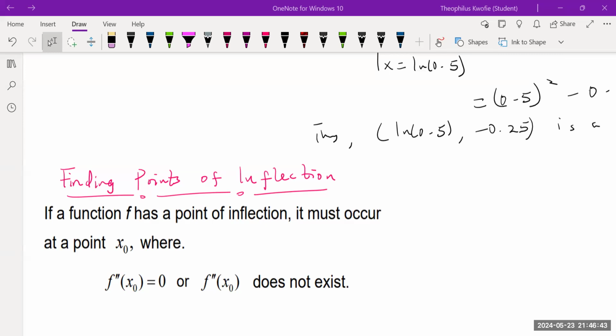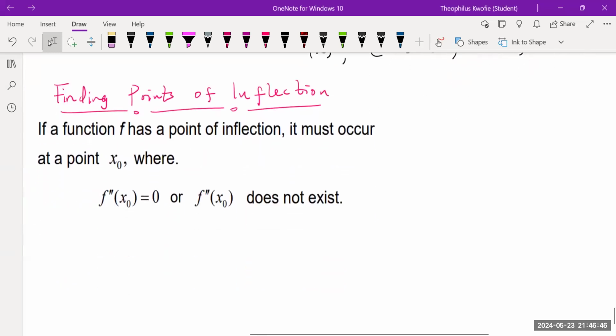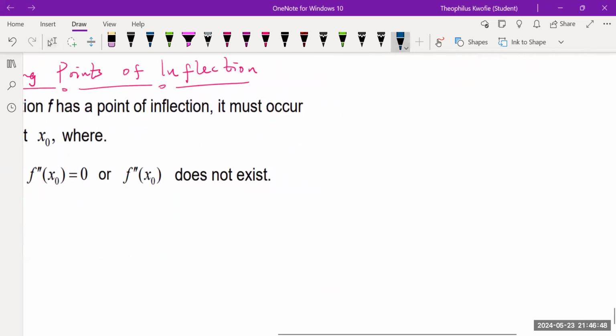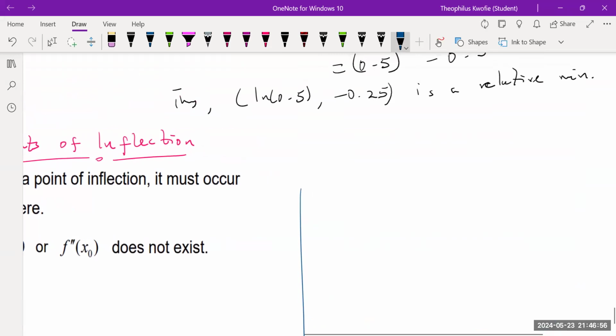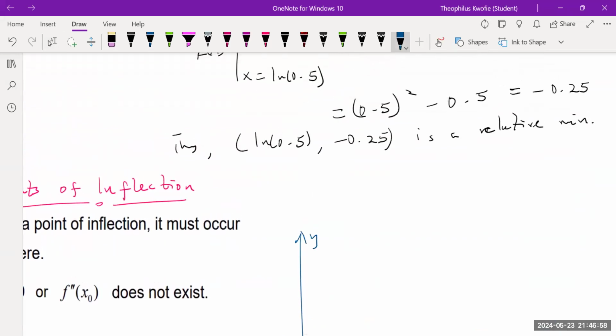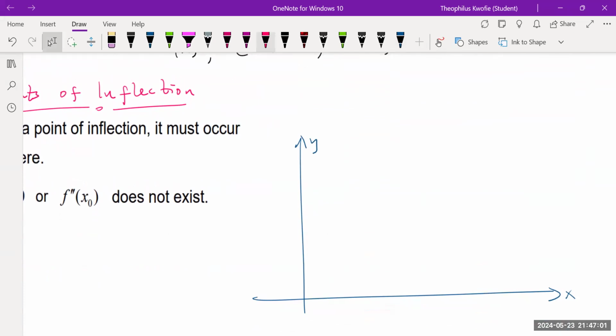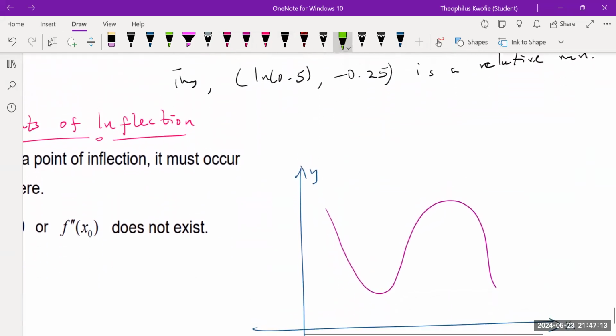So at this point, let me use just a graph to illustrate what I'm trying to explain. So suppose we have a nice graph as this. Let me use this graph to explain that. So we have this. Now, what point on this graph does the concavity change?